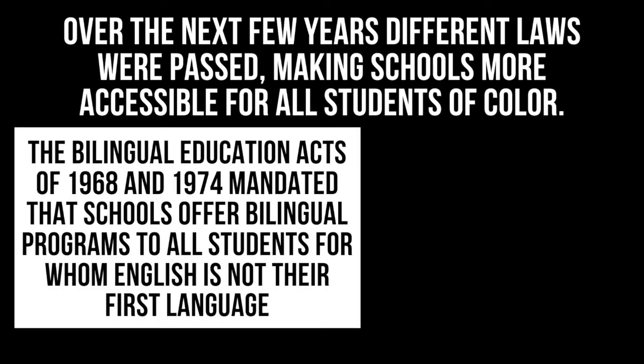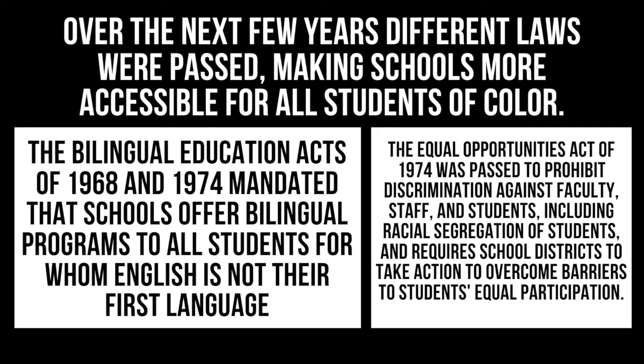The Bilingual Acts of 1968 and 1974 mandated that schools offer bilingual programs to all students for whom English is not their first language. In addition to this, the Equal Opportunities Act of 1974 was passed to prohibit discrimination against faculty, staff, and students, including racial segregation of students, and required school districts to take action to overcome barriers to students' equal participation.